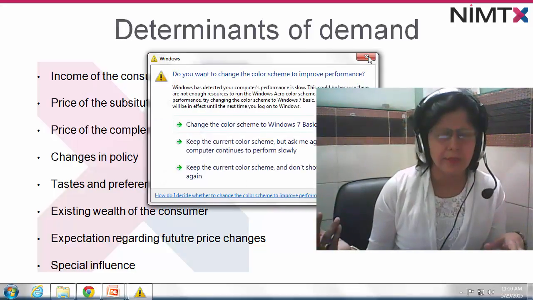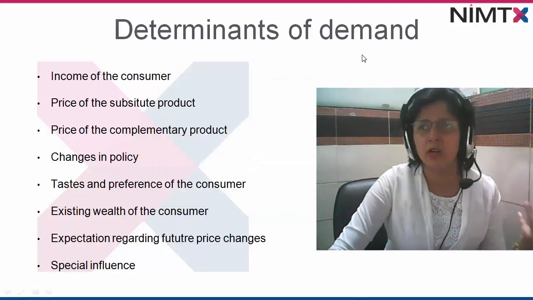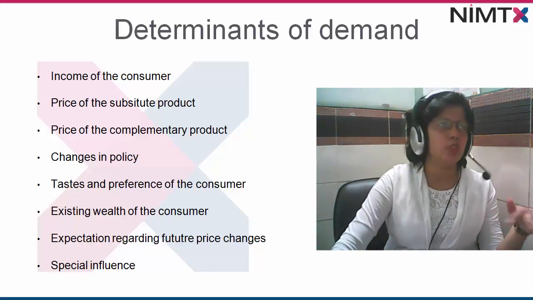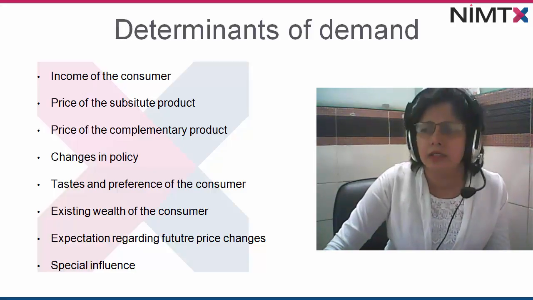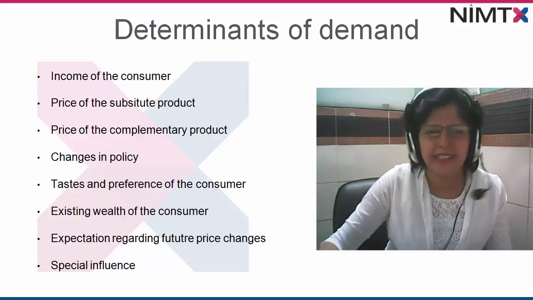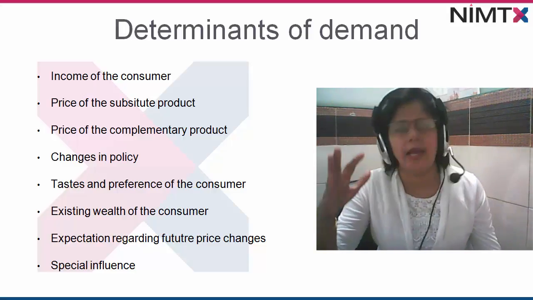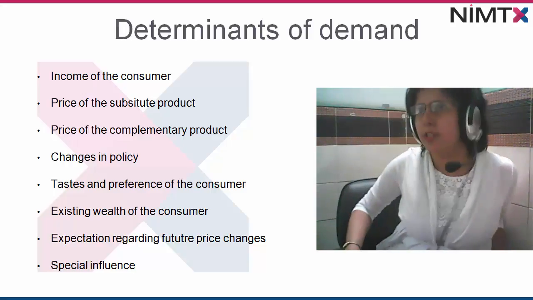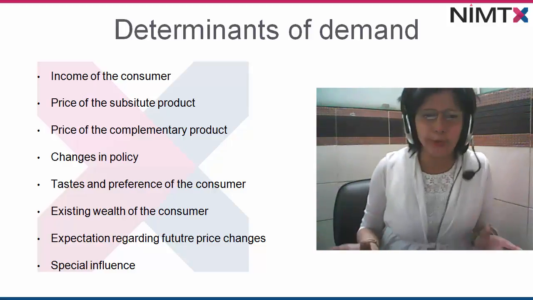Generally people use Head and Shoulders, and others use Pantene. If they are satisfied to use either Pantene or Head and Shoulders, then they can use either. That is the price of the substitute product. Because if the price of Head and Shoulders is very high, then people will go to the substitute product and satisfy the need they want.